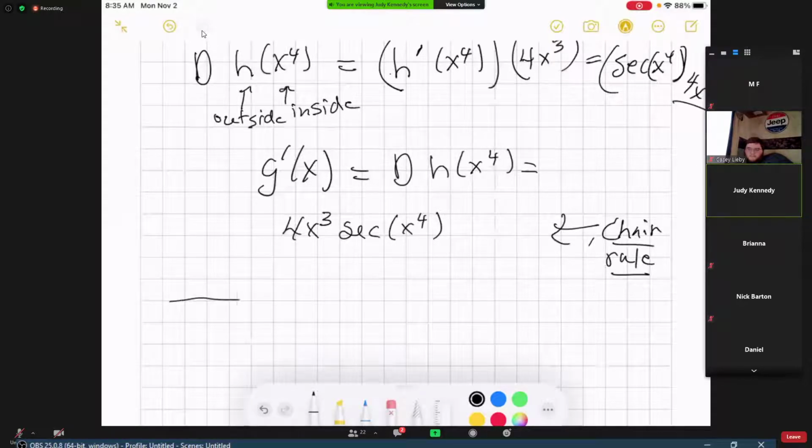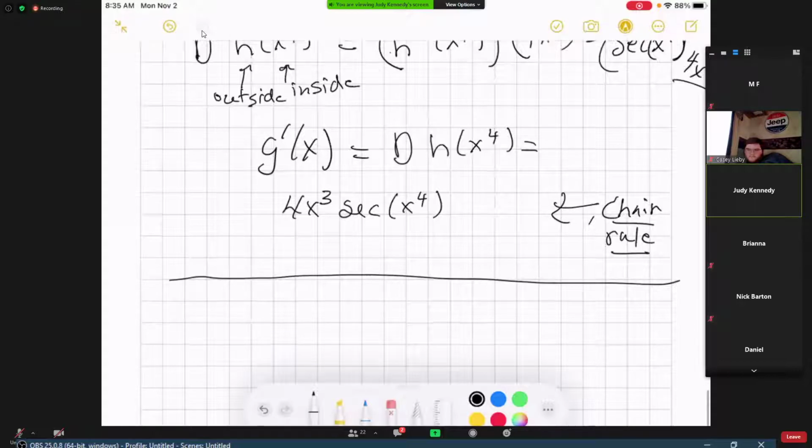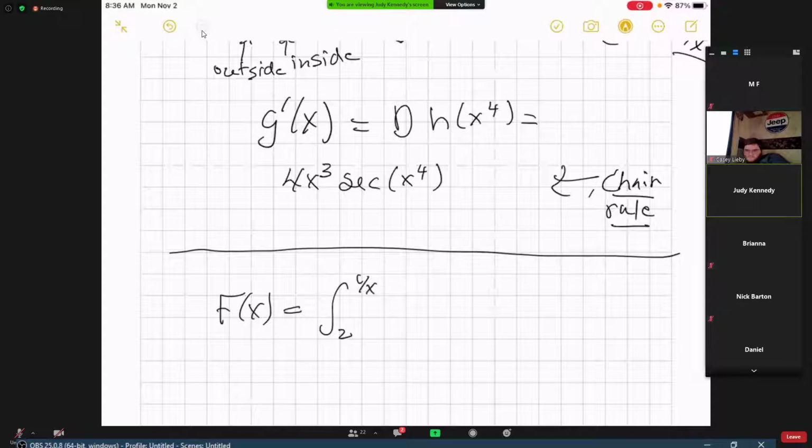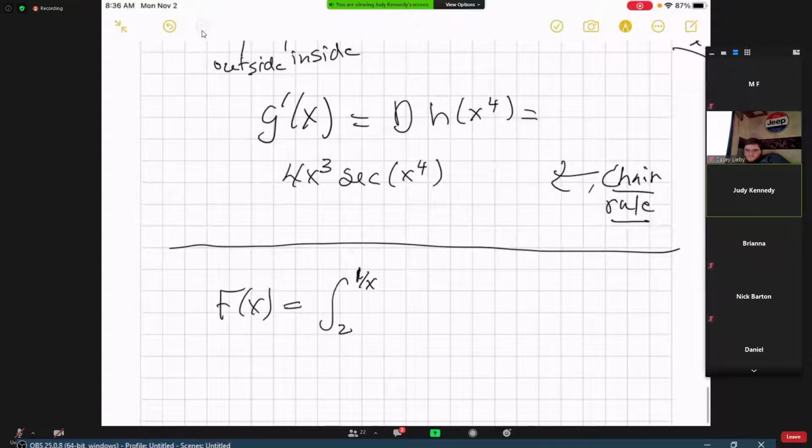Here's another one. The integral from 2 to 1 over x, that's a 1, of the arctangent of t dt.